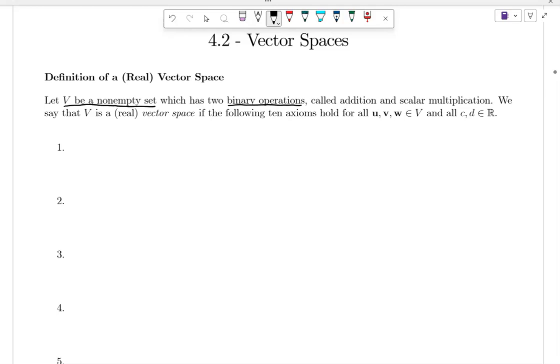They can be weirdly defined. This is just the name we give. But addition is a way to combine two vectors. Scalar multiplication is a way to combine a number and a vector.